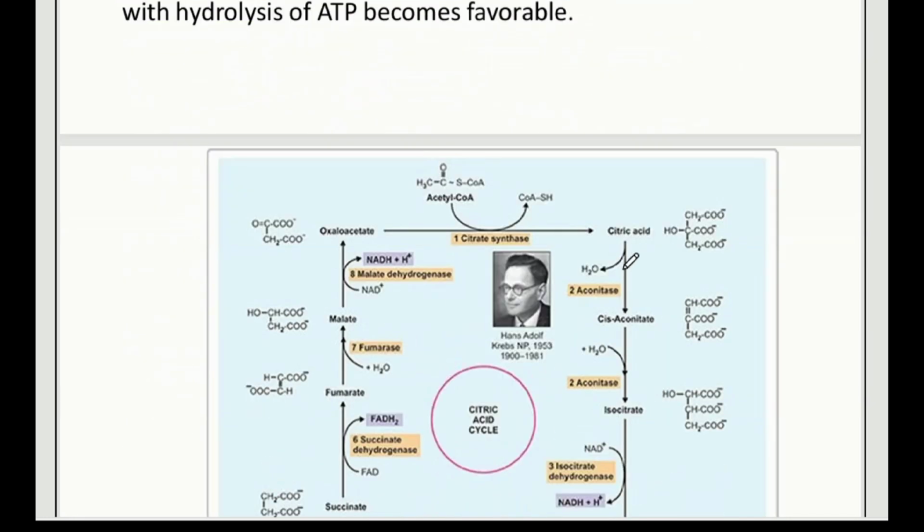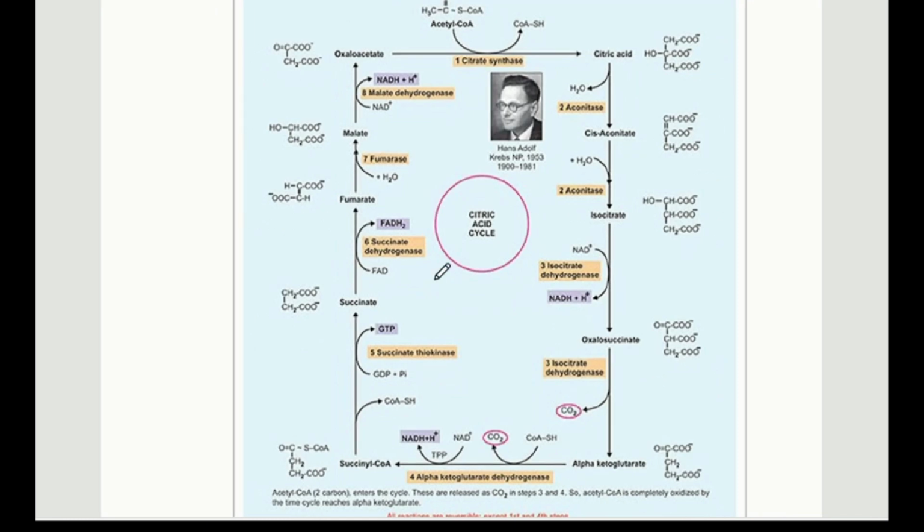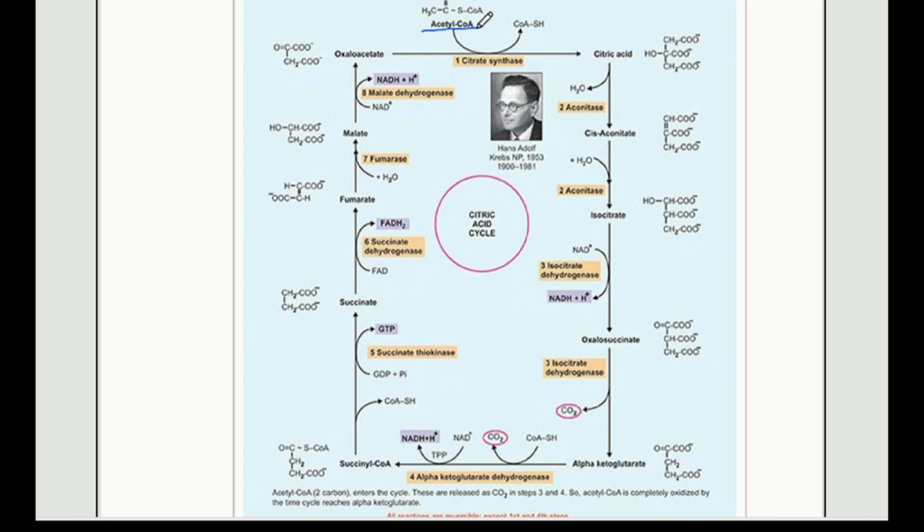Now come to the steps of TCA cycle, or you can say the reactions going on in the TCA cycle. So this is the whole cycle. We can start from here. Acetyl CoA enters into the cycle and oxaloacetate is there.